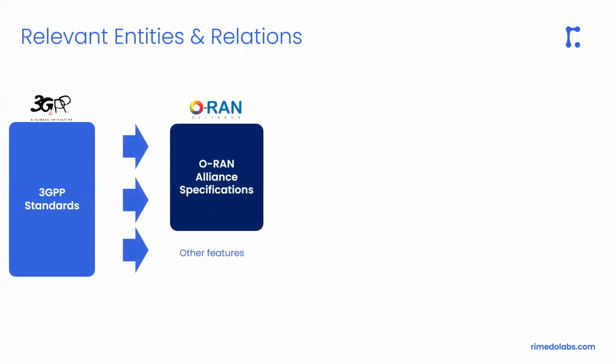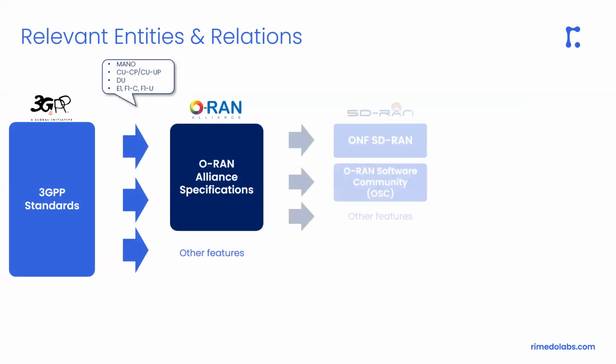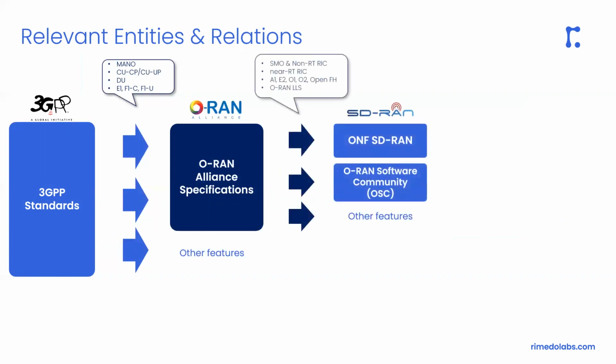That is then taken by the ORAN Alliance, with some of the features, all related to the RAN area, including the management and the separation between CU and DU, the interfaces within the RAN area, to produce a set of additional functionalities and interfaces, and enhance the existing functionality of the base station to be able to support it within the ORAN area.